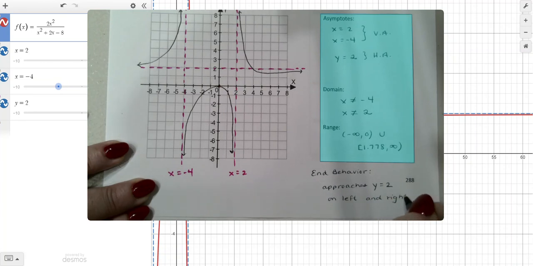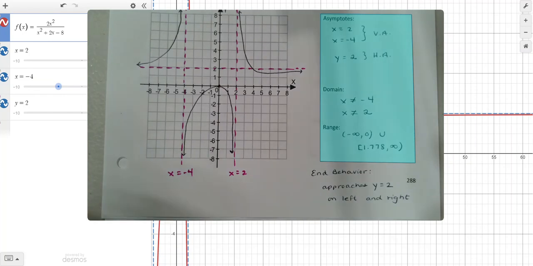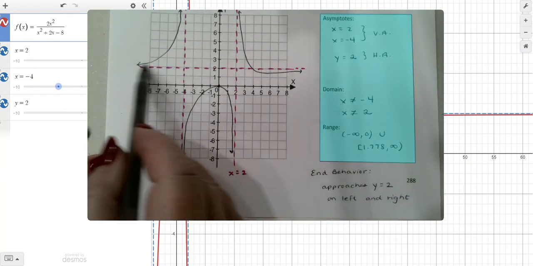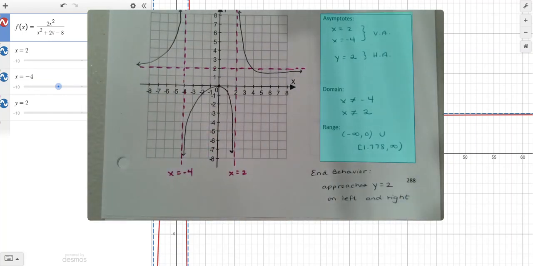As far as this class is concerned, if you have a horizontal asymptote, it'll always just be one horizontal asymptote going all the way across, so we'll always have this identical end behavior on left and right. But if you go on and take some more math classes, you'll find out that some graphs have different horizontal asymptotes on the left and right side. So preview of coming attractions there.